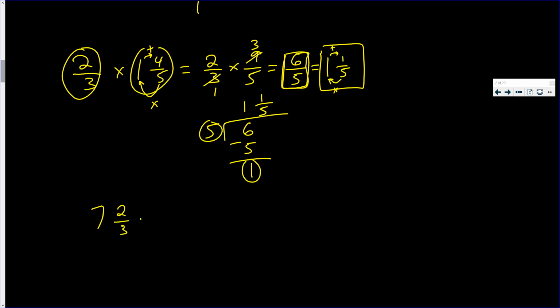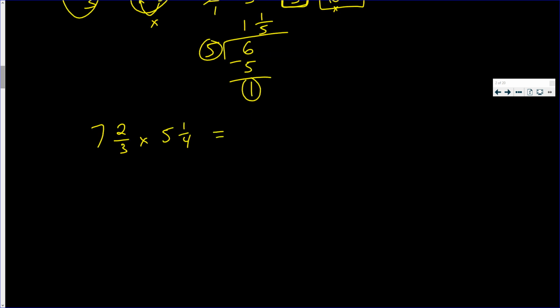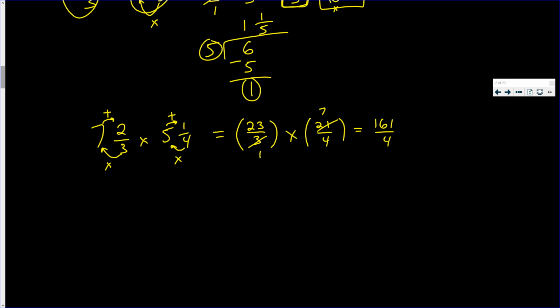7 2/3 times 5 1/4. We have to have two fractions, no mixed numbers. 21 plus 2 more, 23/3. 4 times 5 is 20, plus 1 is 21/4. 3 goes into those numbers. 23 times 7 is 161 divided by 4.